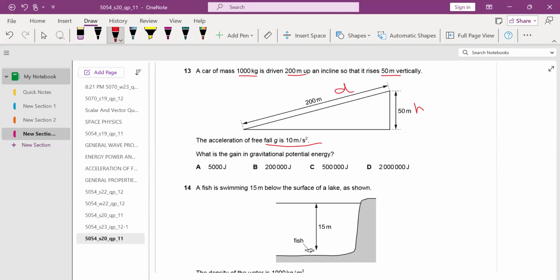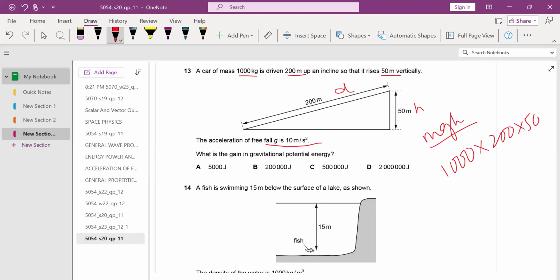What is the energy gain? Now to calculate the energy gain, firstly you need to calculate the work done. So the formula is mgh. Mass is given, 1000 into 200 into 50. Let's put it into the calculator. 1000 into 200 into 50.